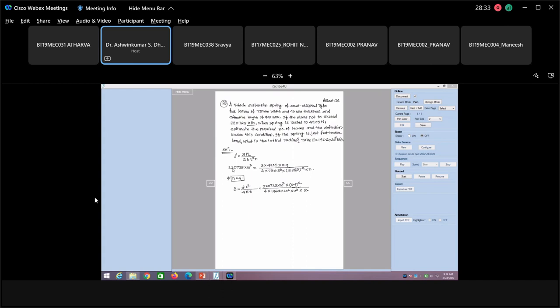The thickness is given as 10 into 10 raised to power minus 3. So from here get the value of delta. Please let me know the value of delta.